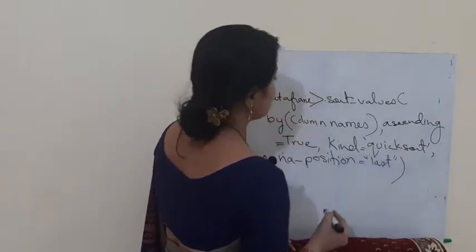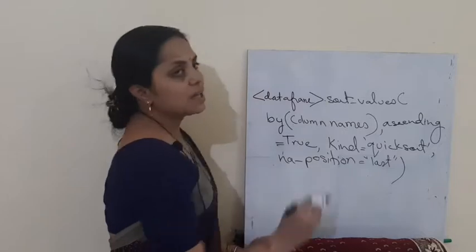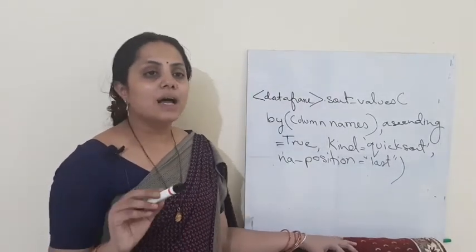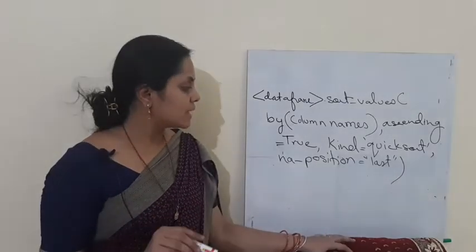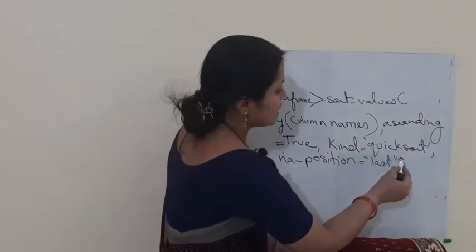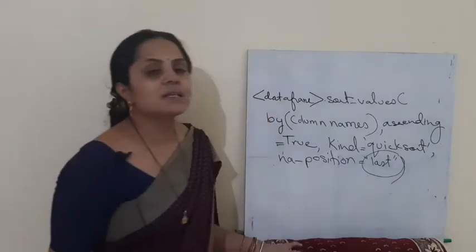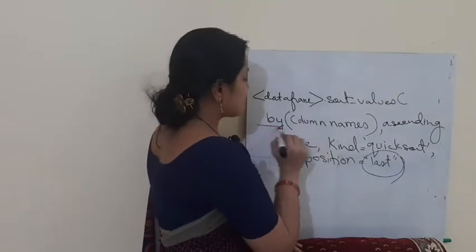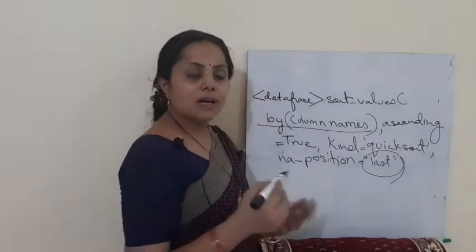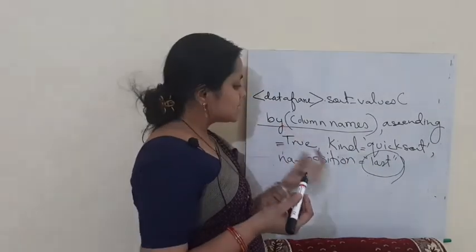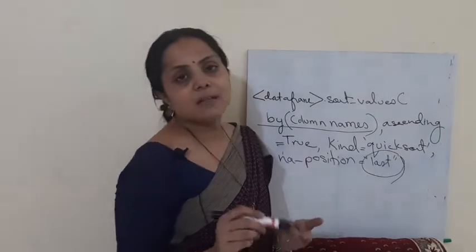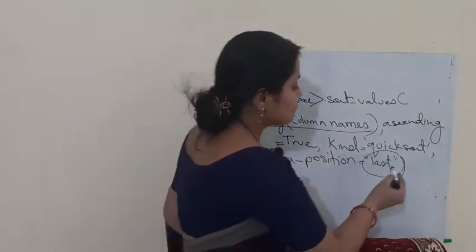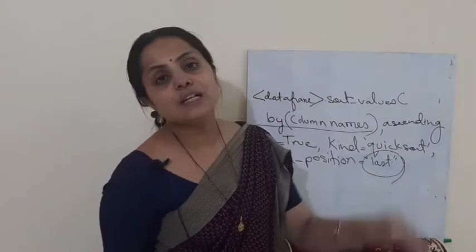NA stands for the null values, the NaN values, the values that are not present, that is, the numbers that are not entered. If there are NA or NaN values, meaning not a number values, in the specified column used for arrangement, they will all be shifted to the end of the table.